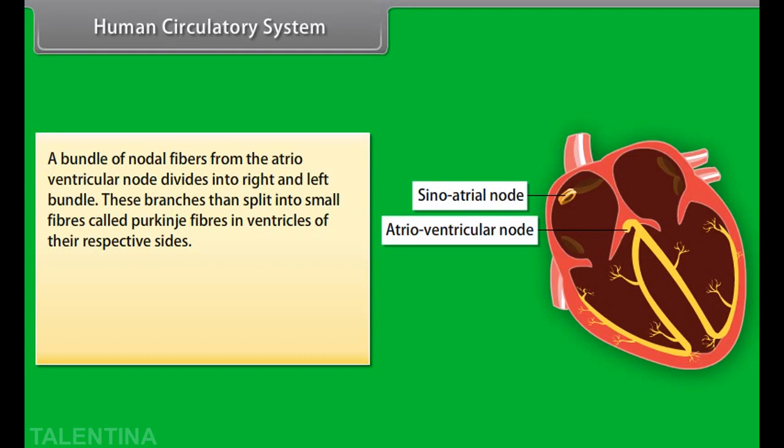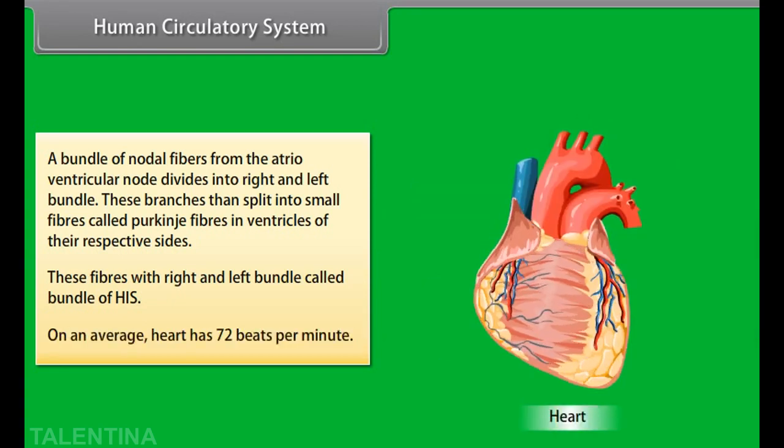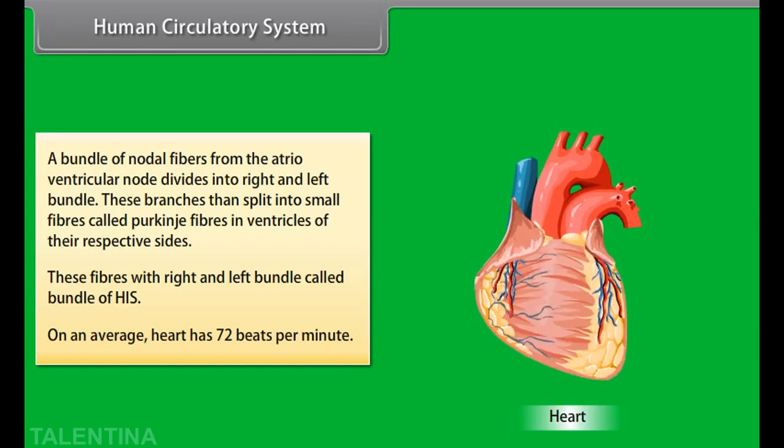These branches then split into small fibers called Purkinje fibers in ventricles of their respective sides. These fibers with right and left bundle are called bundle of His. On an average, heart has 72 beats per minute.